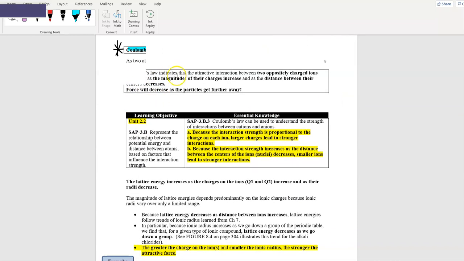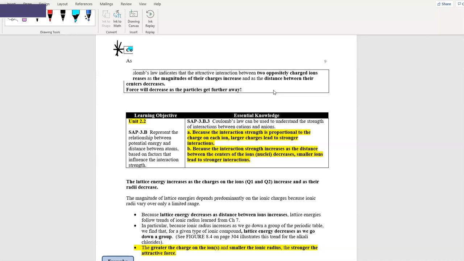Coulomb's law indicates that the attractive interaction between two oppositely charged ions increases as the magnitude of their charges increase. Now you just saw this. A +1 versus a -1 versus a +2 and a -2. That magnitude of charges increases energy. Okay? So right there, you definitely will have an increase in lattice energy versus a +1 and -1.